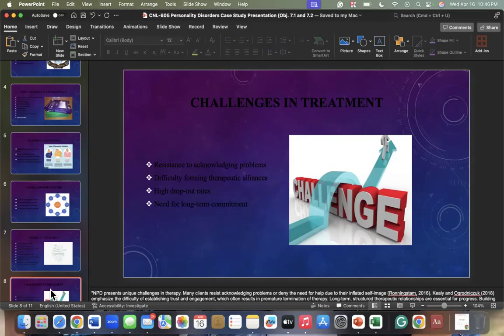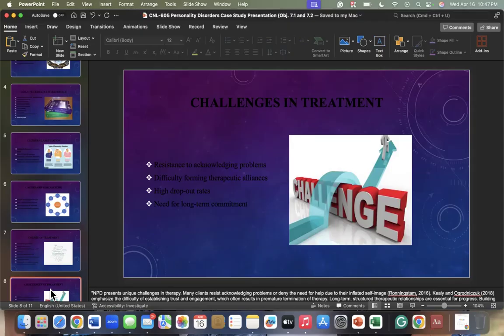So the unique challenges in therapy may be that the clients may need to just figure out self-image, working on that self-image, being able to change the mind to change the behavior. Also, trying to gain the client's trust and being able to engage, and trying to find what works for them based off of who they are and what they believe.